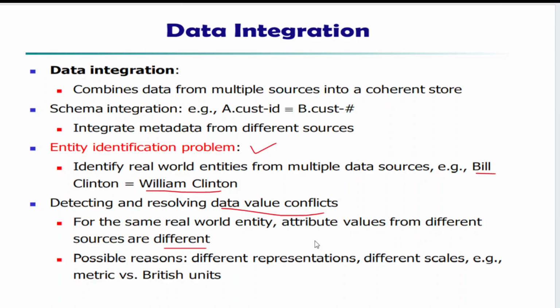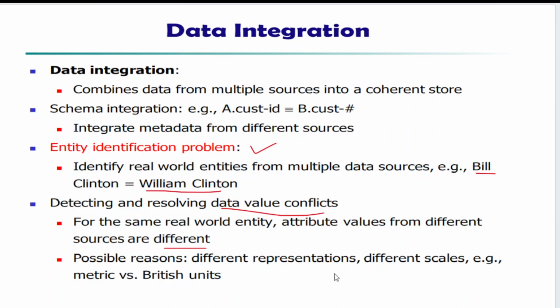In how many ways can I write that name? I can write John Henry, J Henry, Henry John, or H John. Like that, different values may represent the same customer name. These types of problems or conflicts may arise while merging data from multiple sources.